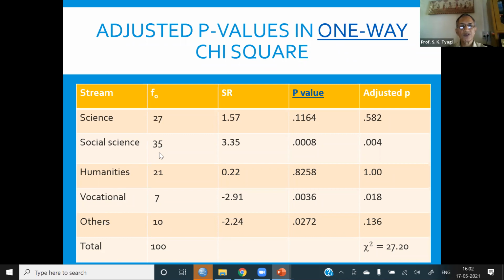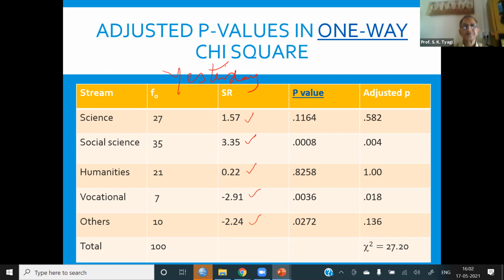These were the observed frequencies. The chi-square was significant, and we calculated the standardized residuals. They were 1.57, 3.35, 0.22, minus 2.91, minus 2.24. This is yesterday's work.